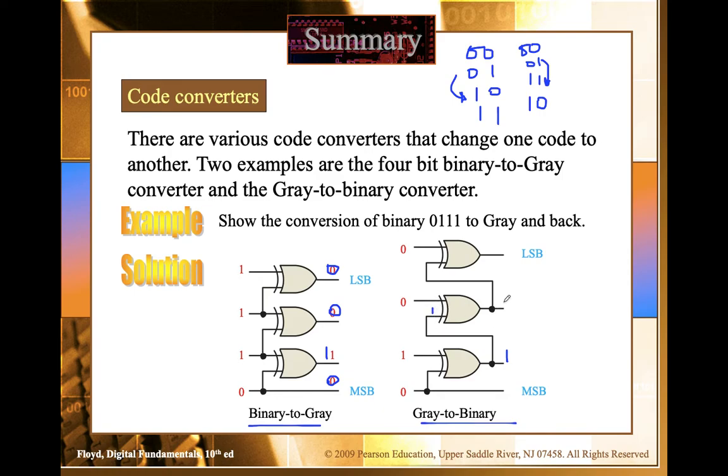So 1 0 again will be 1, right? Now this 1 will go here. 1 0 again, 1. And this 0 is propagated as it is, the MSB. So what is the output? 0111, which was basically our number. So what we've done is we went from binary to gray, and then gray to binary.